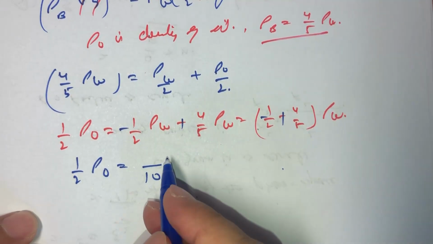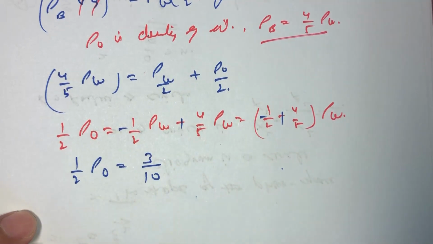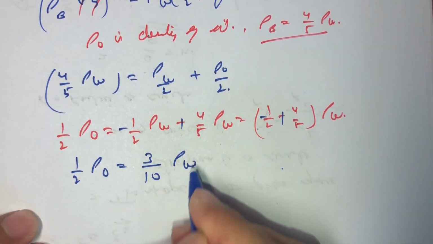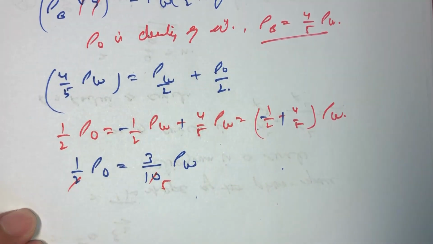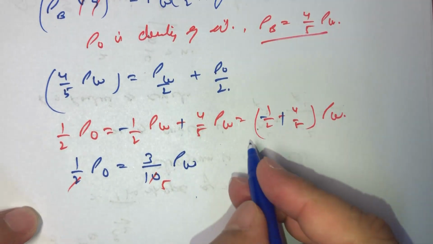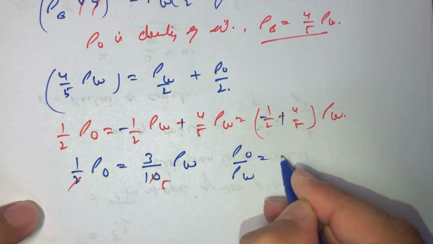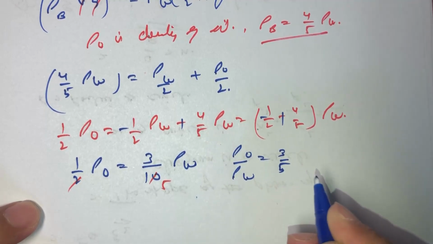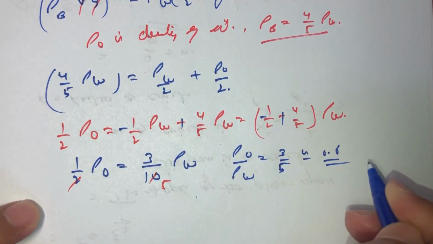So this becomes 3 by 10 rho w, and the 2 cancels with the 10 to give 5, so we get rho o upon rho w is equal to 3 upon 5, which is 0.6.